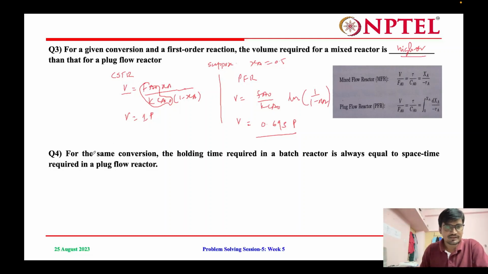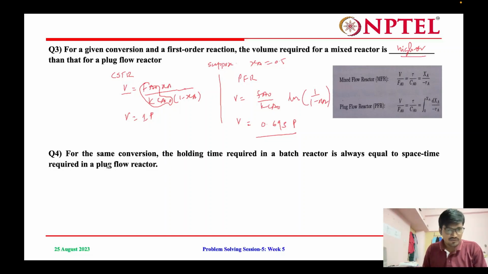Now the question: for the same conversion, the holding time required in a batch reactor is always equal to the space time required in a plug flow reactor. Is this true or false?